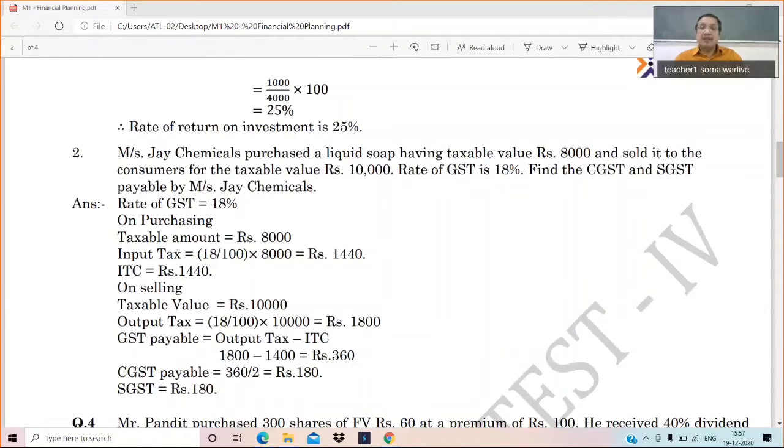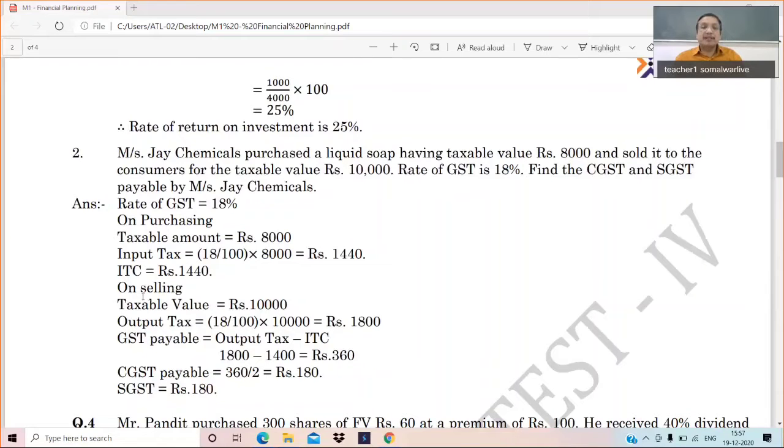At the time of paying, it is input tax, but when he takes the credit of this, when he subtracts it, it becomes ITC. So ITC and input tax are always the same, it is just a matter of symbols or how to represent. While taking the benefit, we use the word credit. So input tax credit, same as input tax, is equal to 1,440.